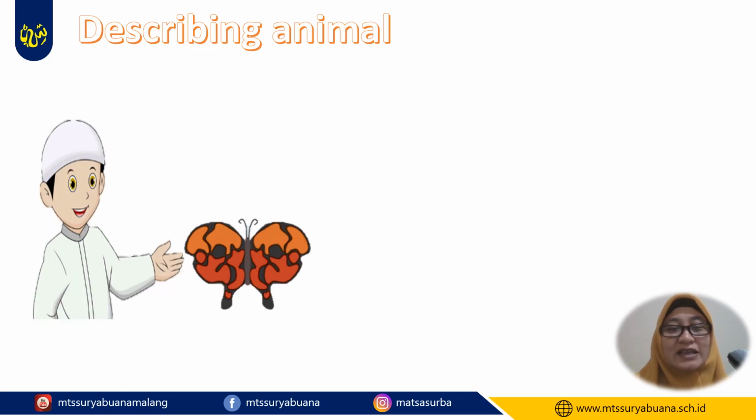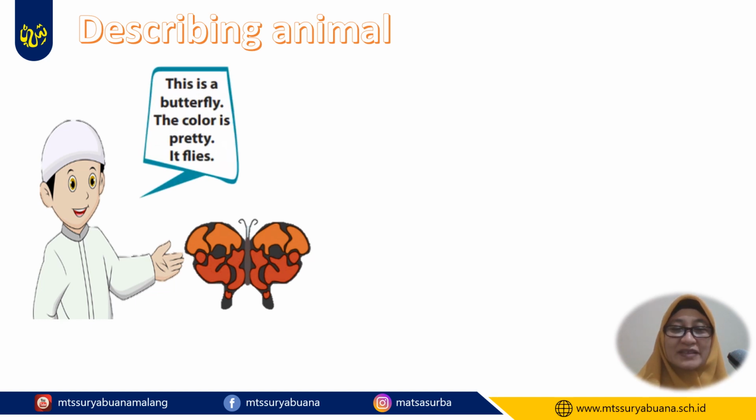Let's start to learn how to describe animals. Okay, look at this. What animal do you think this one is in English? Right, this is a butterfly. The color is pretty.